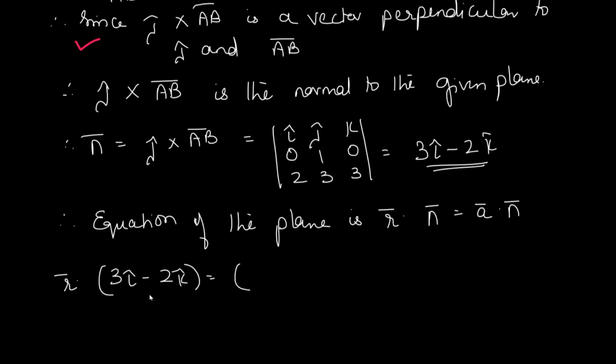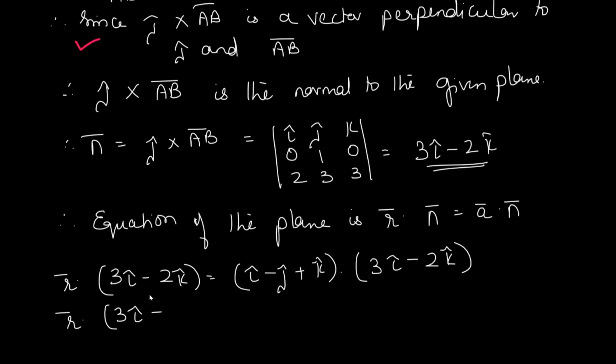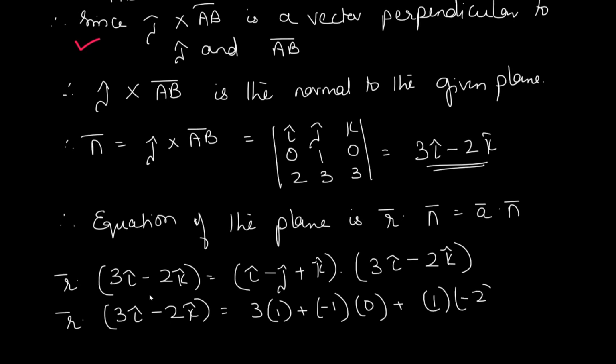Now a is the first point which we had, 1, minus 1 and 1, the coordinates of A. So a bar becomes i minus j plus k, dot n bar, which is 3i minus 2k. Finding the dot product, 3 into 1 plus minus 1 into 0 plus 1 into minus 2, which comes out as 1, because 3 minus 0 minus 2, so 3 minus 2 becomes 1.